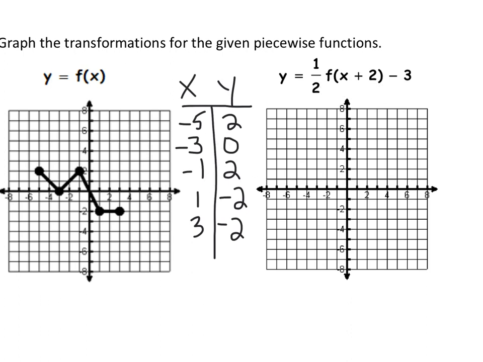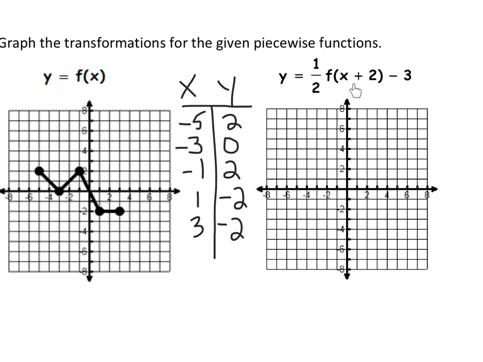So we want to take care of all of these vertical transformations and the horizontal transformations separately. So these horizontal transformations, this is the only thing that's happening to x. So if I don't have anything inside here, then there's nothing happening to x. These values would stay the same.